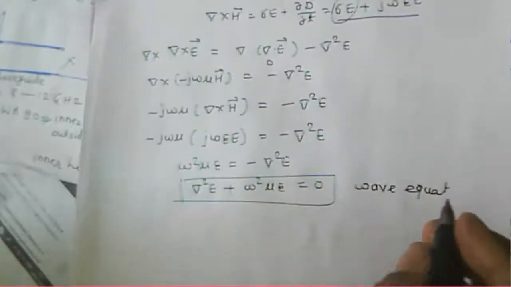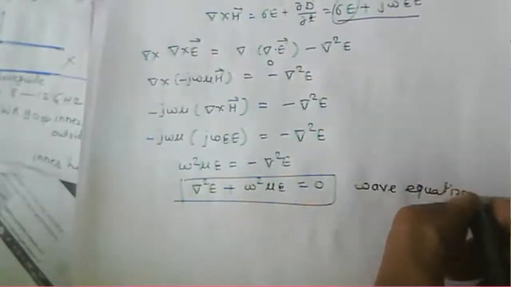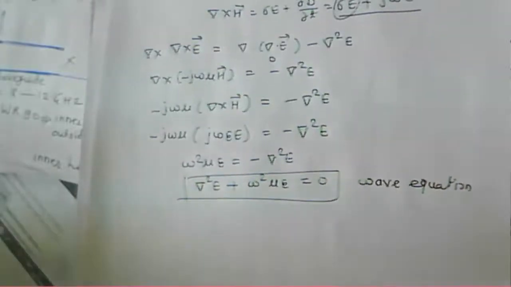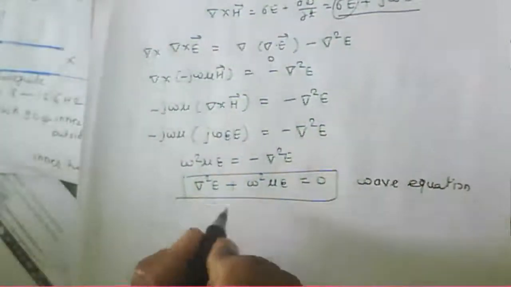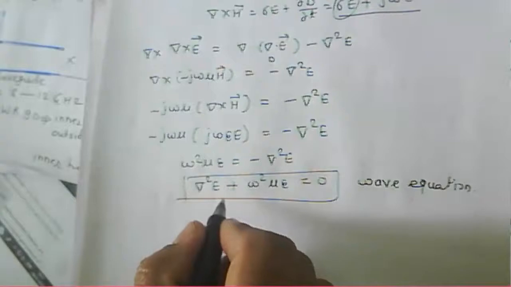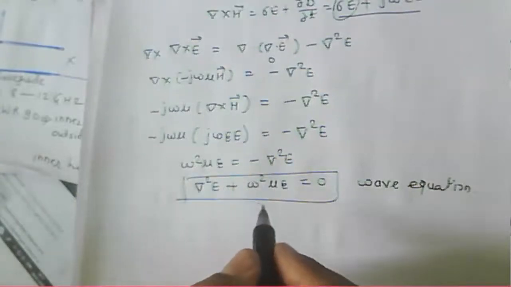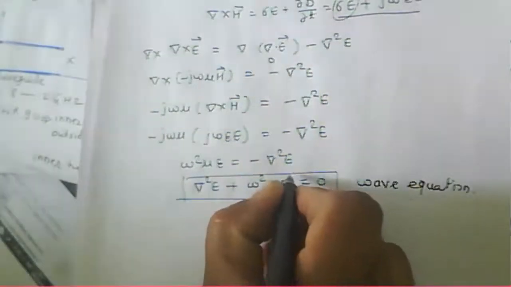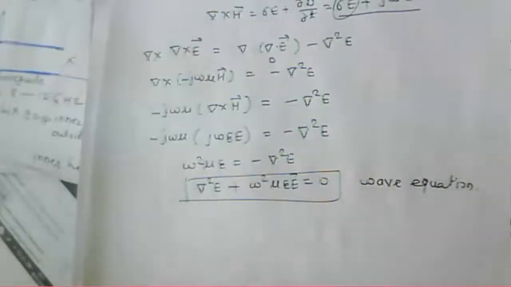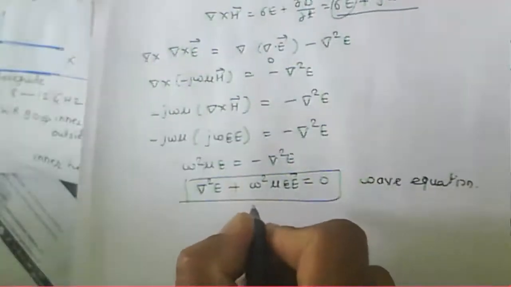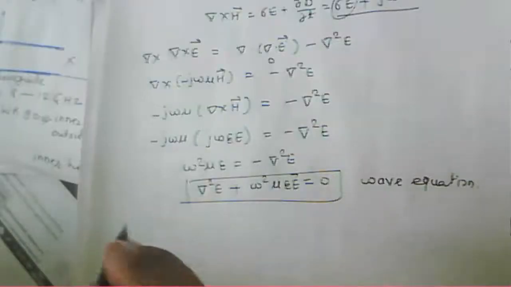Okay, I forgot the E here: del square E plus omega square mu epsilon E is equal to 0. That's the wave equation.